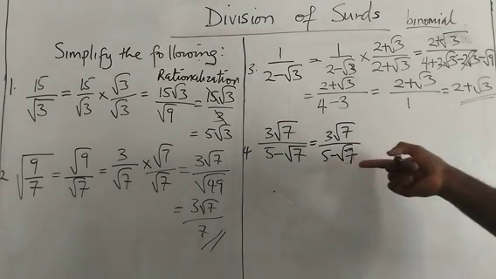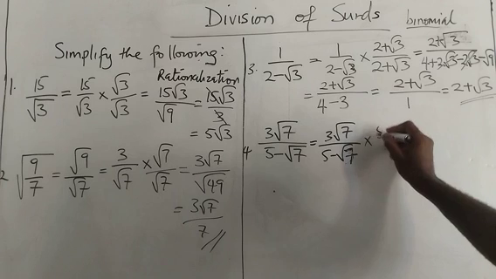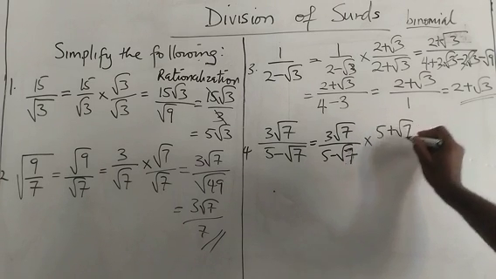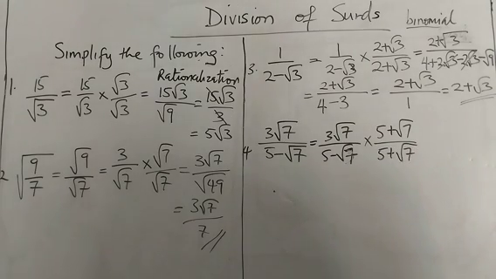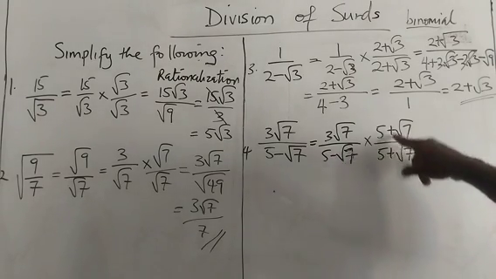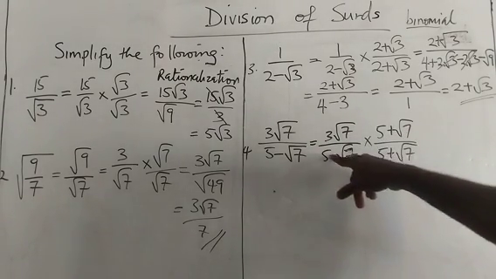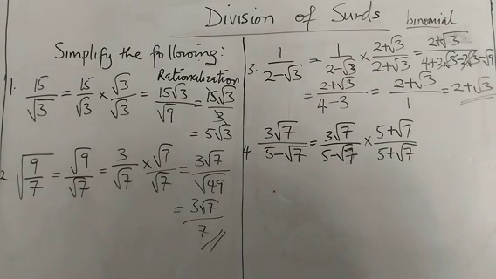Bringing in the conjugate, using the conjugate to rationalize it, 5 plus root 7 over 5 plus root 7. They look almost the same, except in the signs connecting them. So this is minus sign, while the conjugates have plus sign.